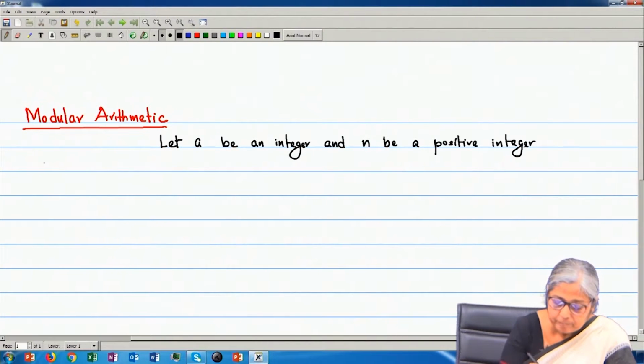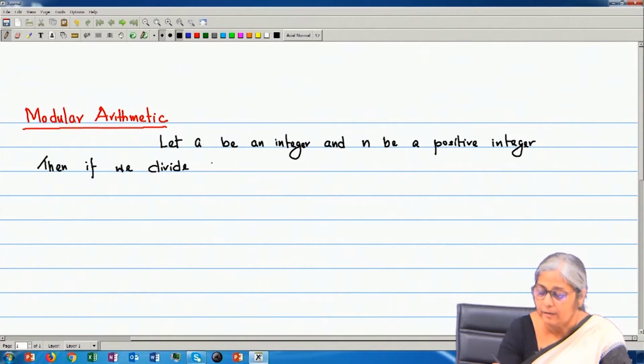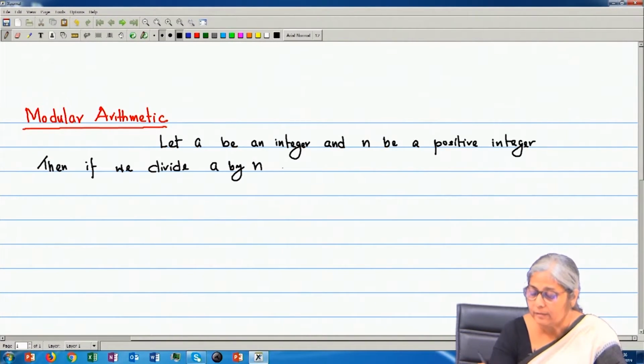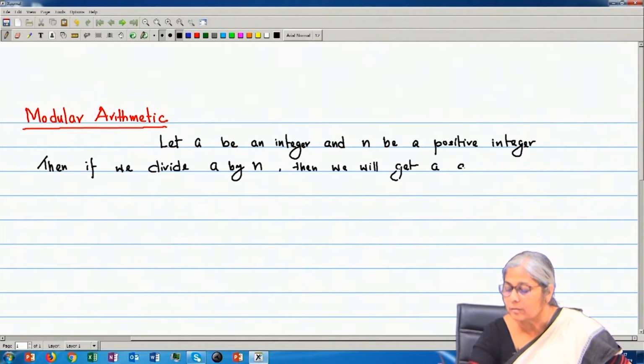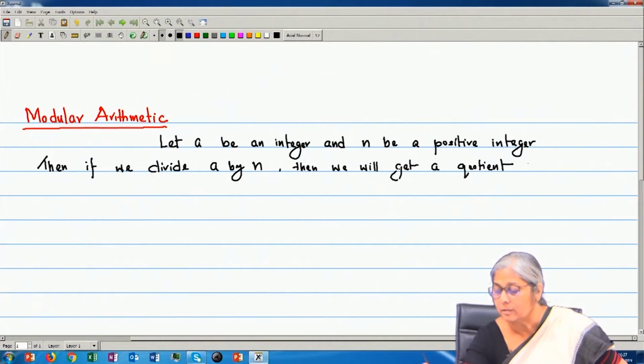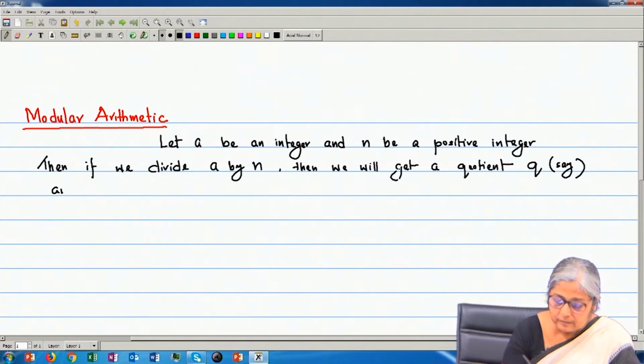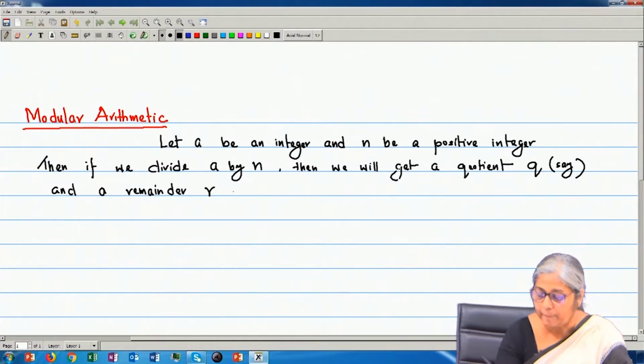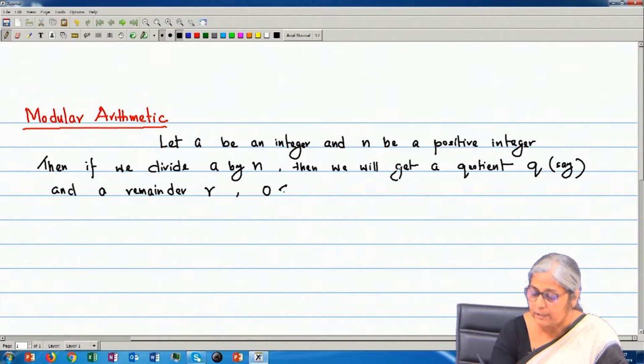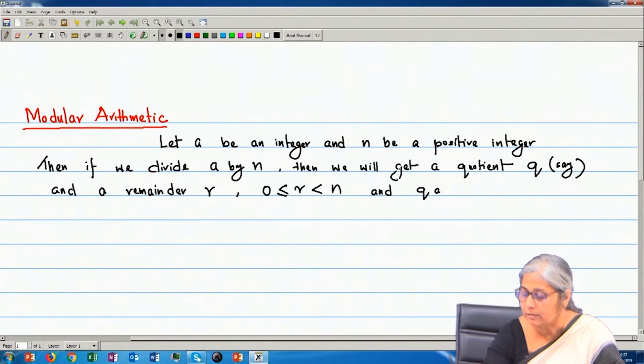Then if we divide A by n, we will get an integer quotient, say q, and a remainder r, where 0 is less than or equal to r, r is less than n, and q and r are integers.